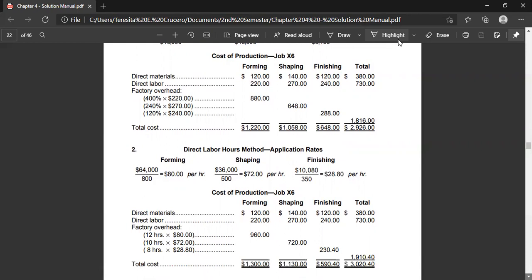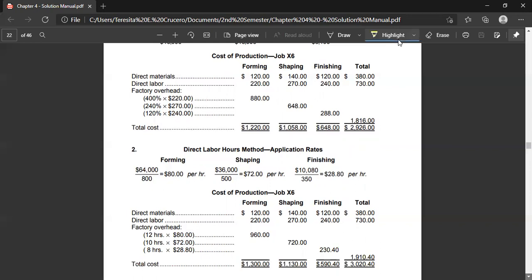So 12 hours in the forming department, 10 hours in shaping, and 8 hours in finishing, using the computed rates per hour. So we now get the total cost in the production of job X6 of 3,020.40, whereas in assumption 1, it's only 2,926.